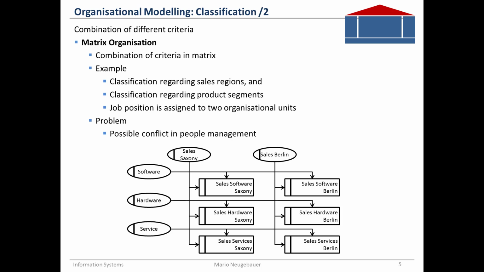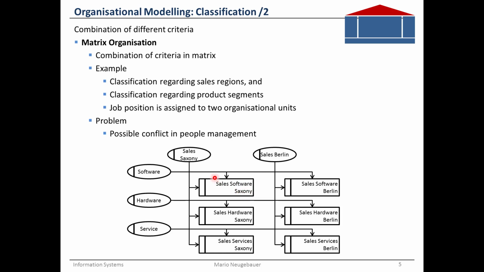And this would then lead to a salesperson, or a sales position, because here it's this rectangle with this line here. And this sales position is responsible for the sales, but not for all sales, only for software sales in the area Saxony.